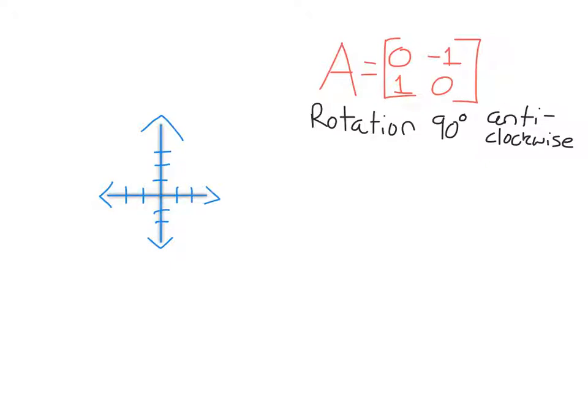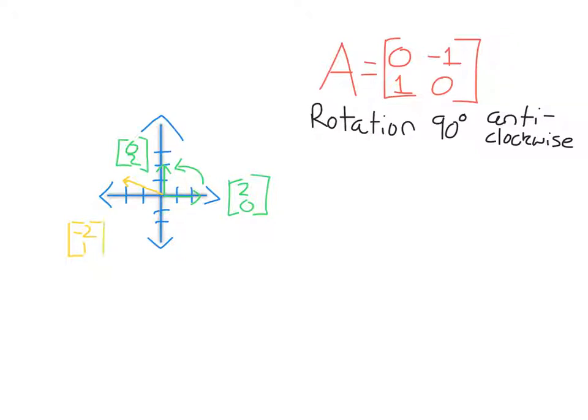So for example, if we had here the vector, which we can write as 2, 0, if I apply the matrix A to that, it will map it over here to the vector 0, 2. So you can see it's been rotated 90 degrees anti-clockwise. So let's look at this vector in yellow, which is the vector minus 2, 1.